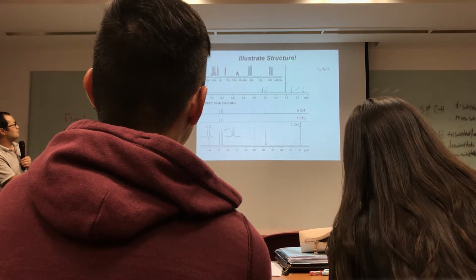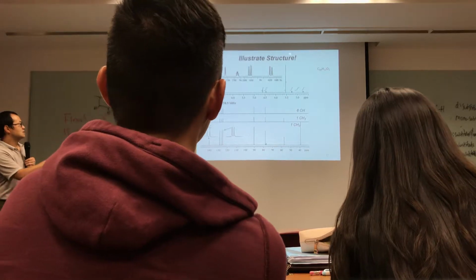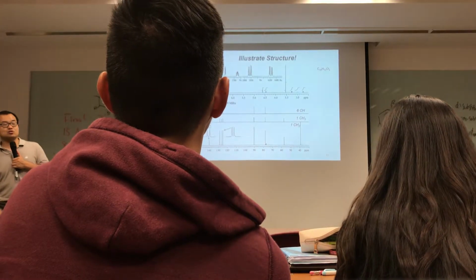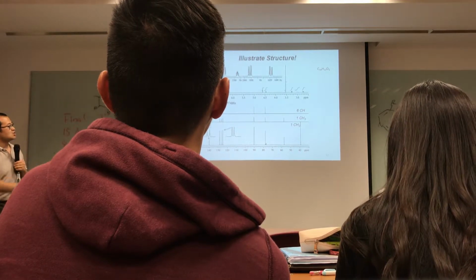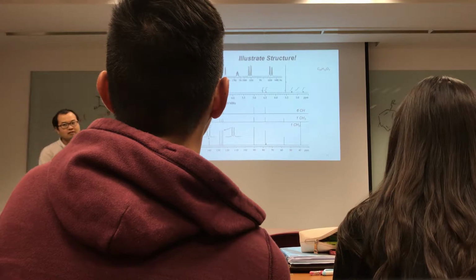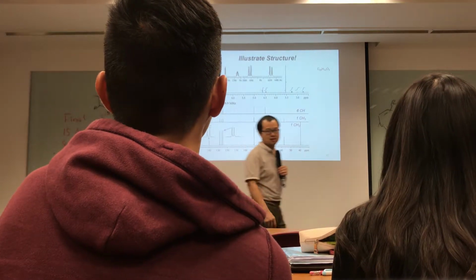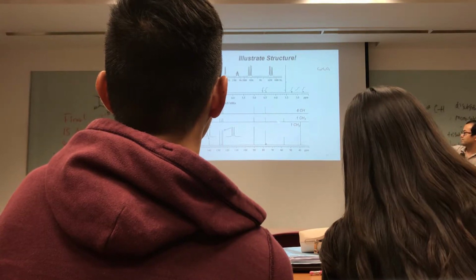You have 9. 9 plus this singlet, that's 3 protons. You have 12 protons. That matches. Actually, when you look at this, you have 1 singlet with 3 protons around 3.5. You can tell it's a methoxy, because here you have 1 methyl group.